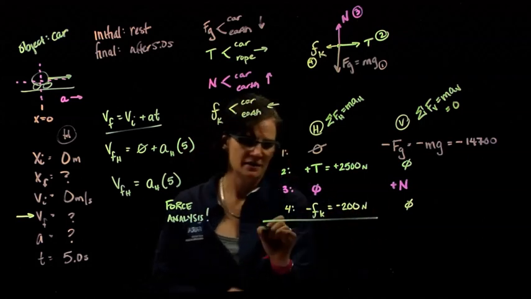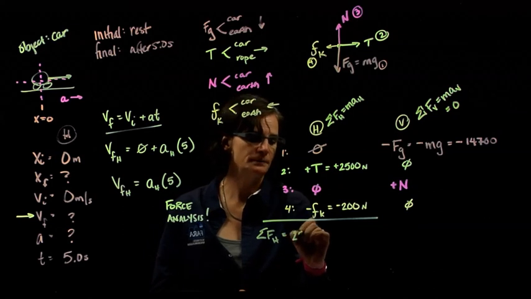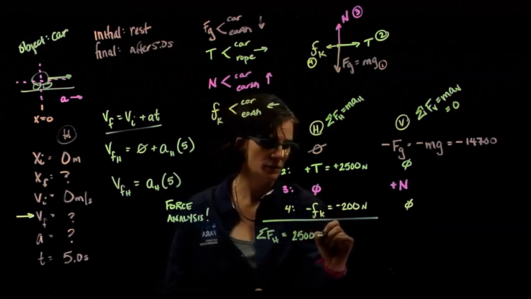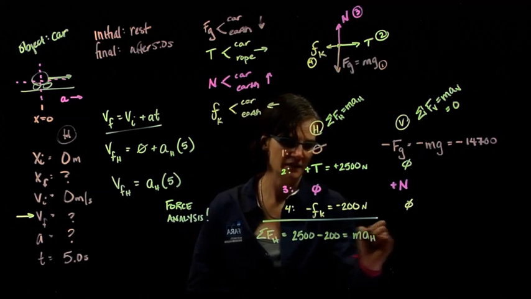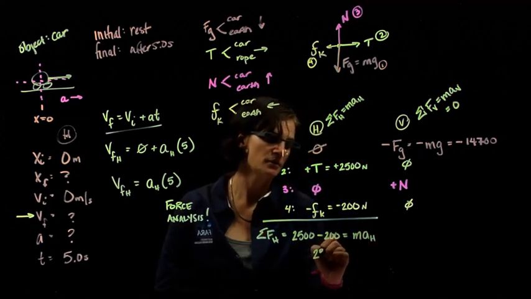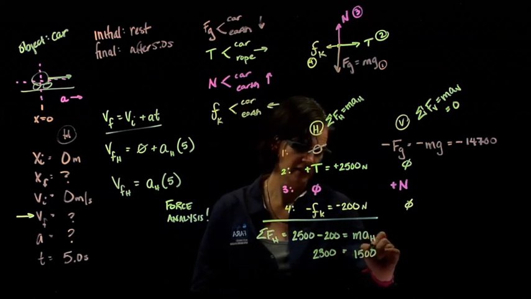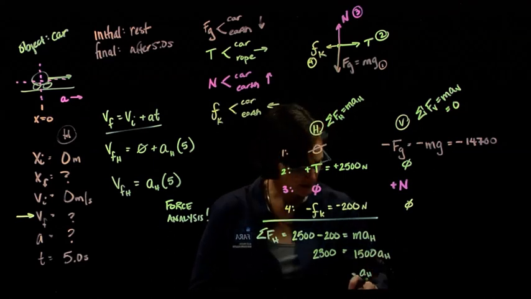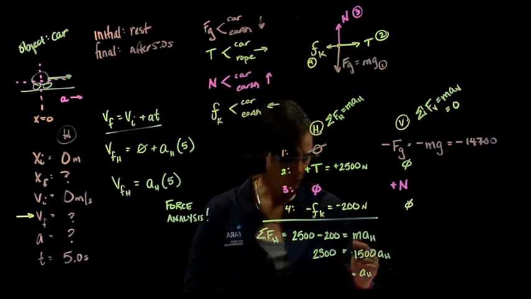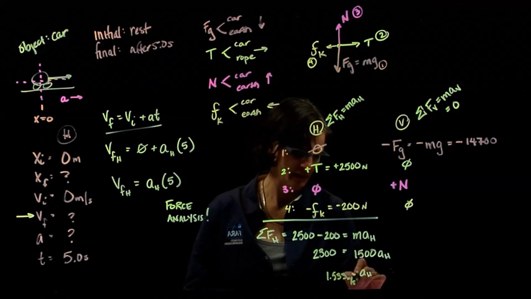So the sum of the forces horizontal are equal to 2,500 minus 200. And that's equal to the mass times the horizontal acceleration. So I have 2,300 is equal to the mass, which is 1,500, times the horizontal acceleration. And the horizontal acceleration is equal to 1.533 meters per second squared.